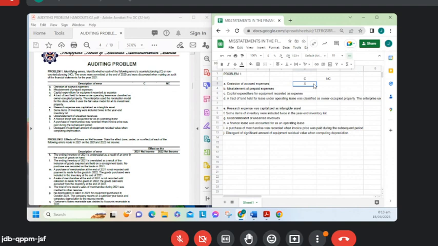They will create an entry of debit expense, credit accrued expenses. So if the company made that entry, then there will be an overstatement in expenses in 2021 and accrued expenses.